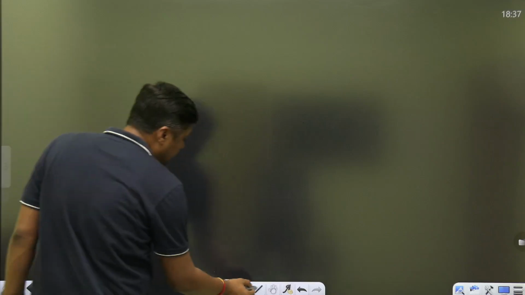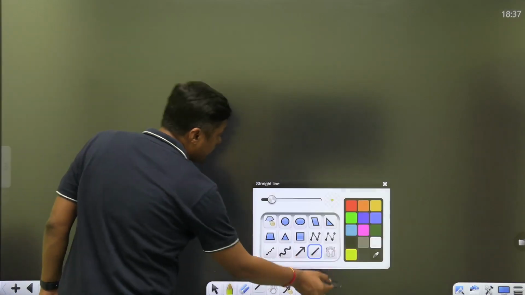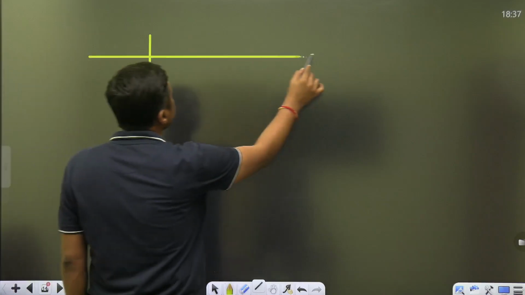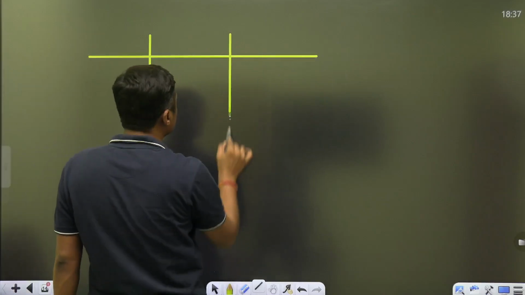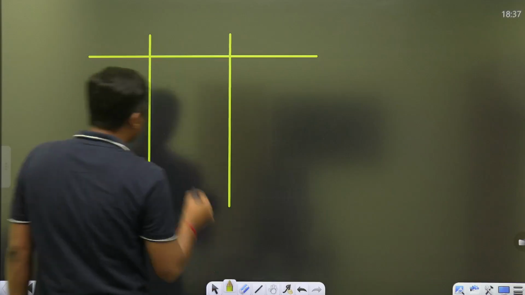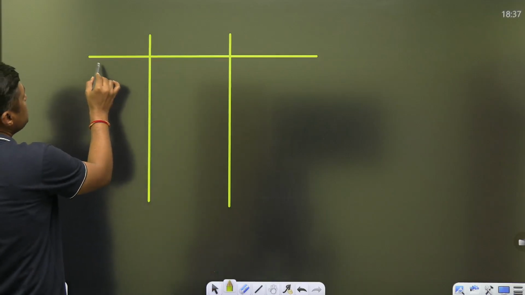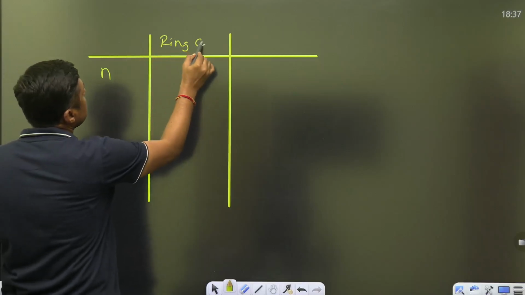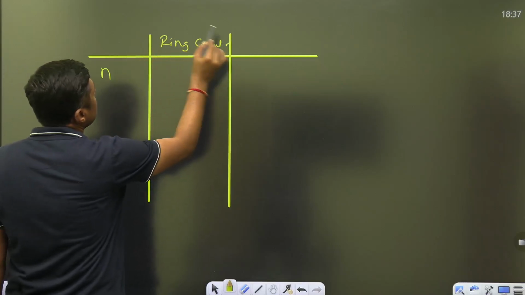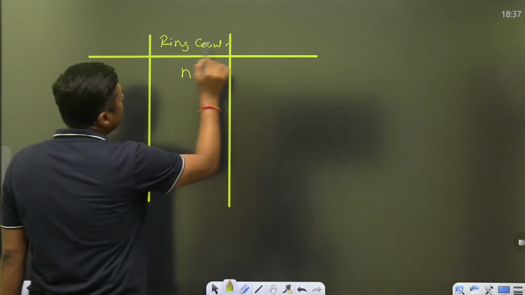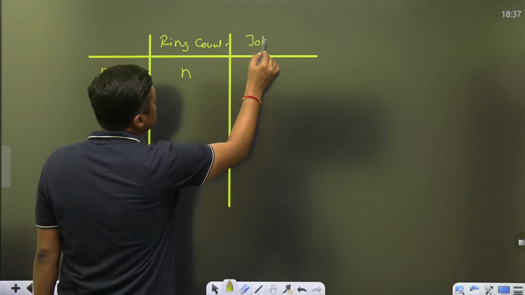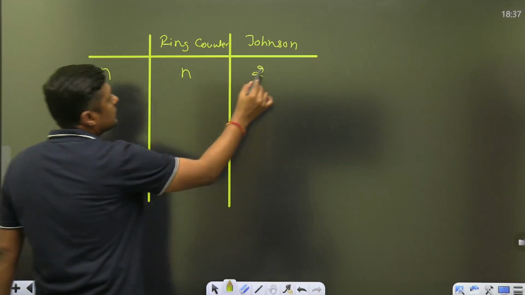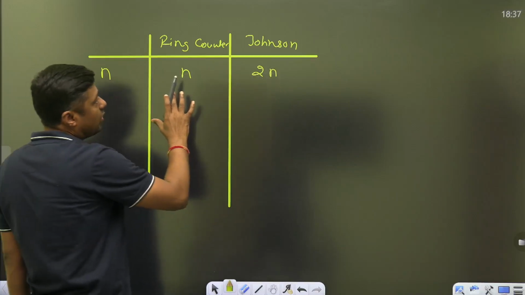So finally we can conclude here. If the number of flip-flops is n, then in the case of a ring counter, how many states? N. In the case of a Johnson counter, it is 2n. But no extra gates are required in a ring counter.